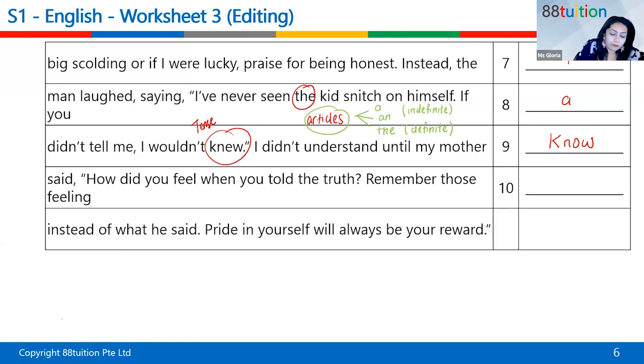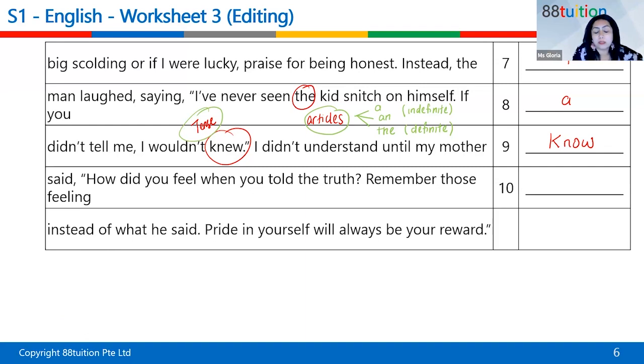All right, why am I focusing on error types? Because the passage that you're going to get in every exercise is going to change. Your answers at the side that you're writing are going to change. What is not going to change in this exercise? I repeat, when your teacher in the school gives you this exercise, is the passage going to be the same? No. Are the answers going to be the same? No. So what is going to be the same?